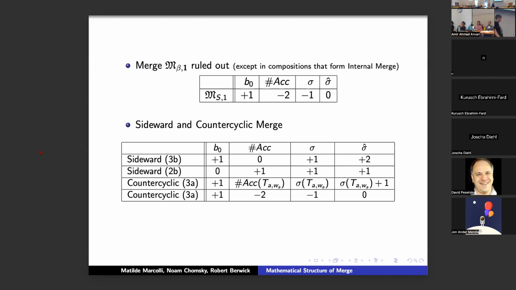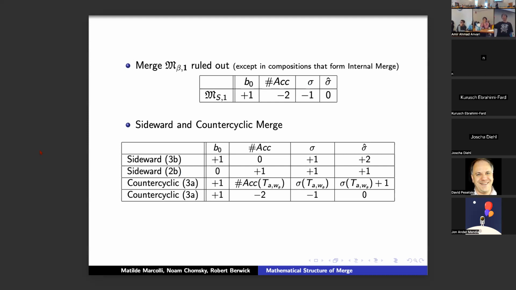For example, take the operation I mentioned, where when you do internal merge you first take out your accessible term. As I said, this operation by itself doesn't exist in isolation.